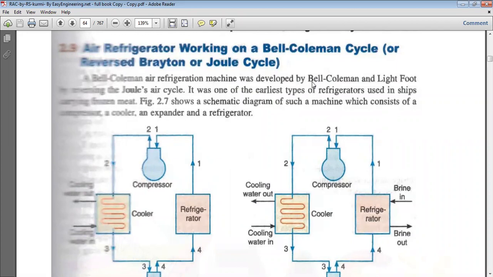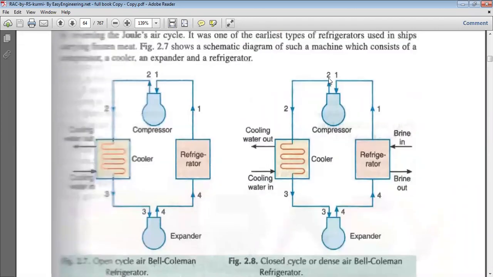If I reverse the refrigerator, it will work as a heat engine. That is a very important point you have to remember. So if we operate an engine's cycle in the reverse direction, it will act as a refrigerator. If we reverse the refrigerator again, vice versa, it becomes a heat engine. Okay, that is very important.